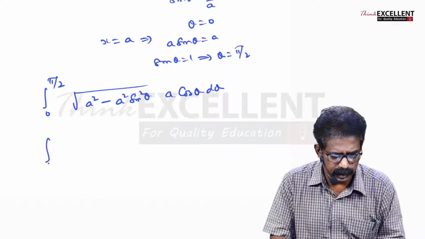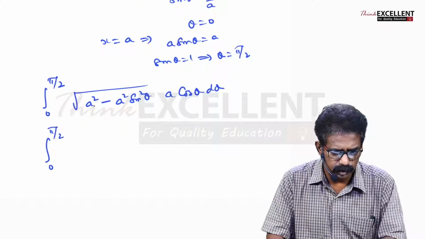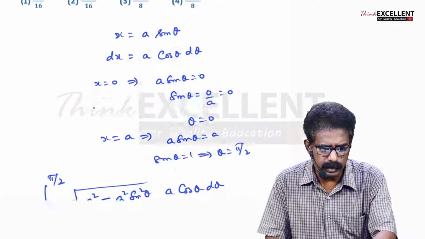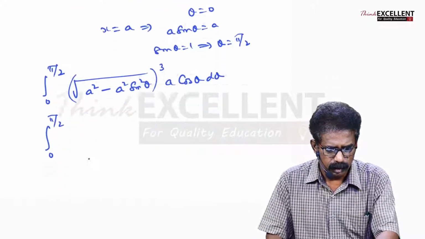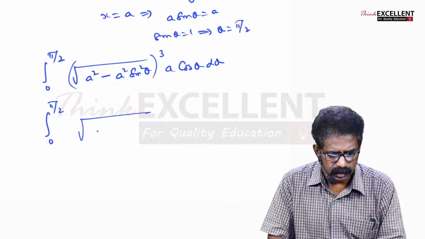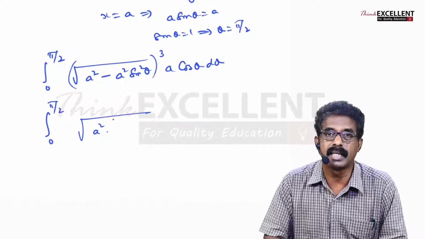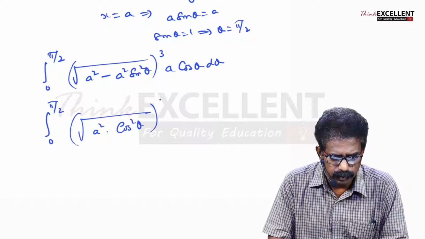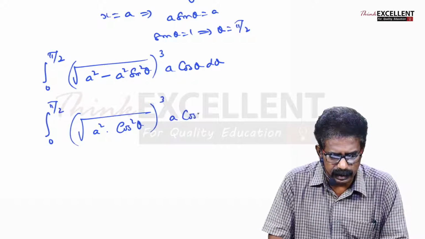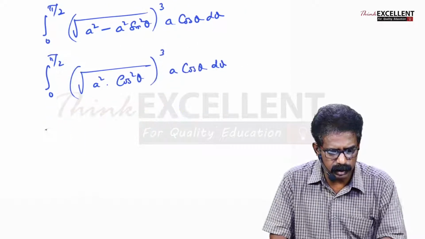So that is integral 0 to pi by 2. But the whole cube is there, right? Root of, take a square common, 1 minus sin square theta, that is cos square theta, the whole cube, into a cos theta d theta. So 0 to pi by 2.